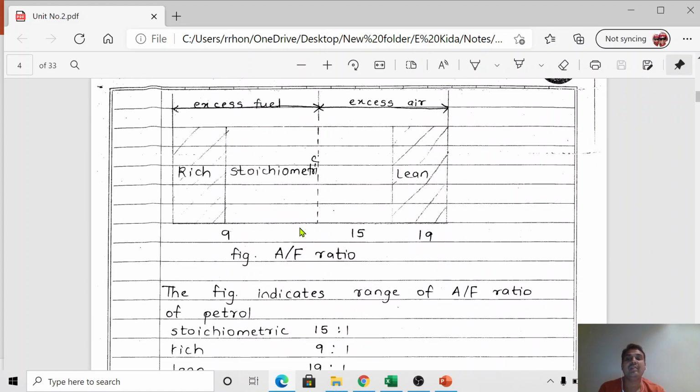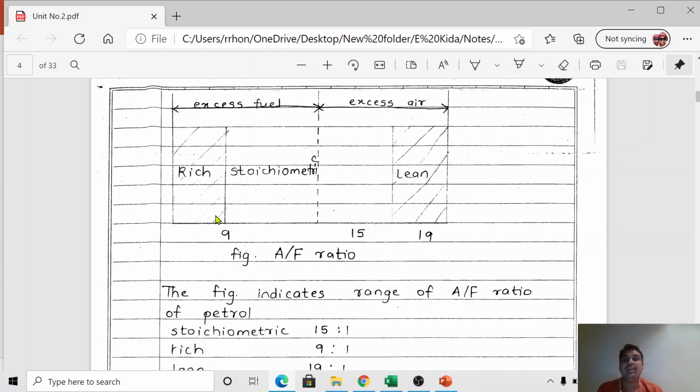Okay, what this diagram indicates: this is the left portion and this is the right portion. The left portion consists of the rich mixture and stoichiometric mixture, and the right portion is the lean mixture. In the case of a lean mixture, excess air is present. In the case of a rich mixture, excess fuel is present.